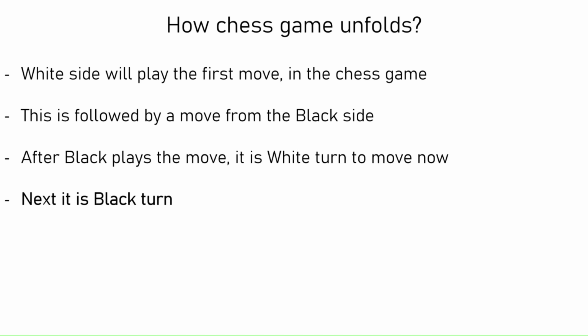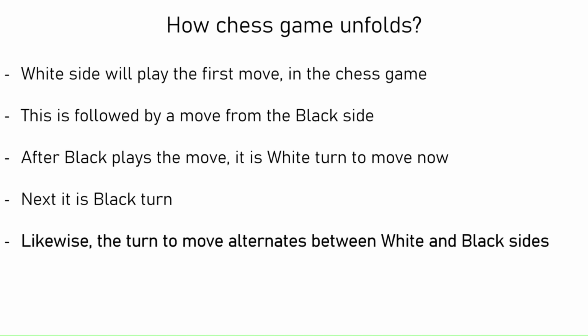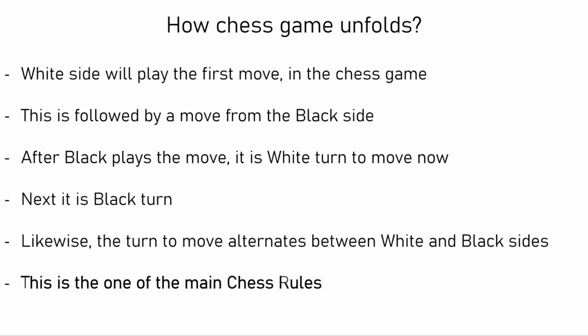After white makes a move, next it is black's turn to make a move again. And the game keeps progressing on in this orderly manner, where white move is followed by black move. This is how a chess game is played as per the rules.